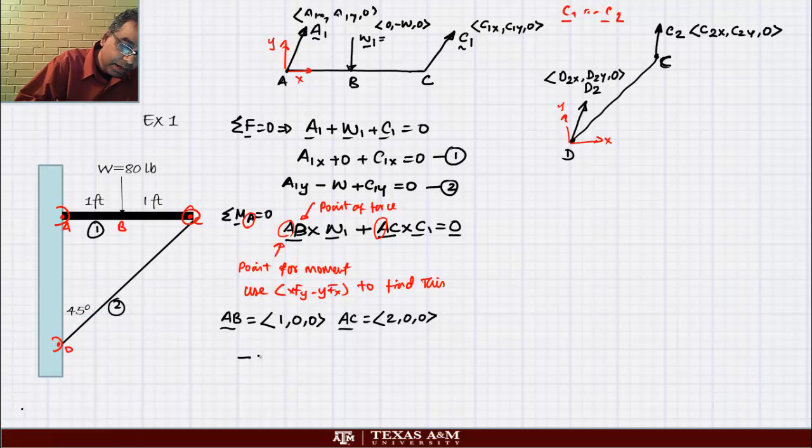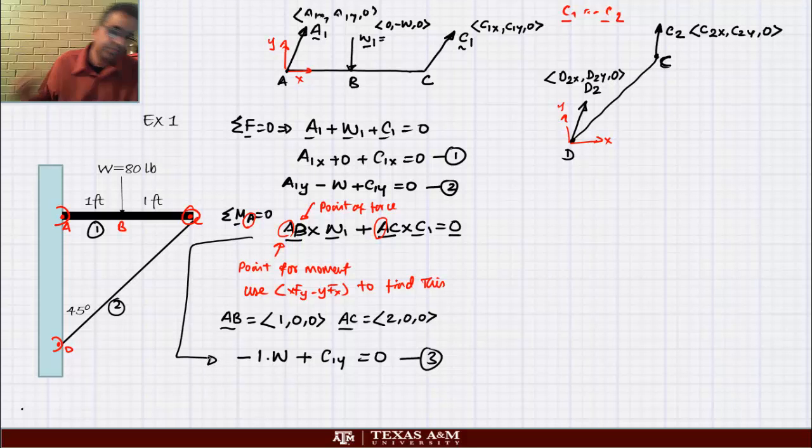I will get minus 1 times W plus C1y equal to 0. This is my third equation. Okay. So I got 3 equations. That's all you can get per rigid body in 2 dimensions. Only 3 equations per rigid body.